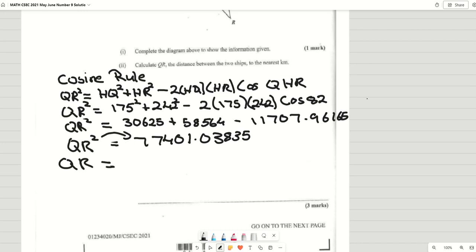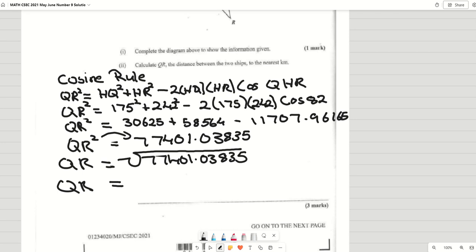So you're going to find the square root of 77401.03835. So QR would be equal to 278.210421.